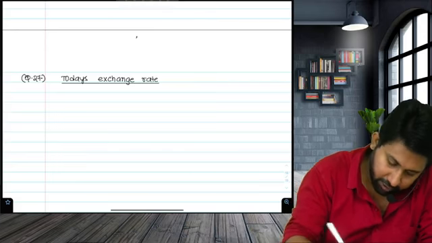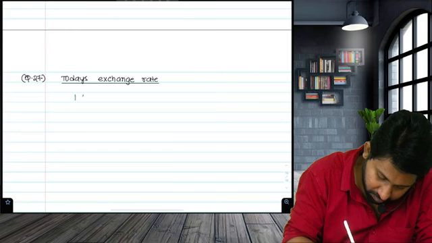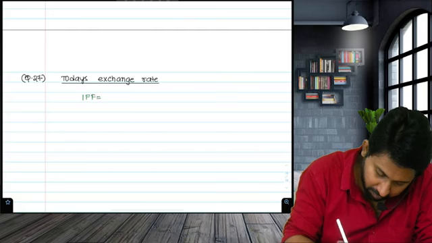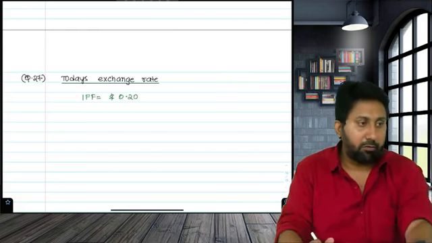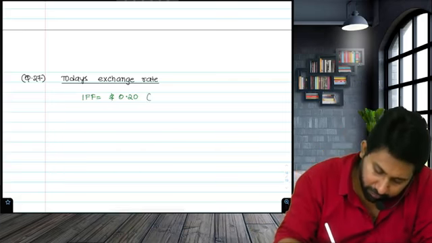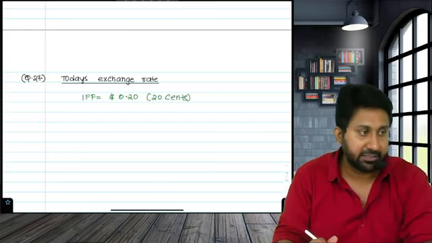Underline it. Below write down: 1 French franc equals $0.2, also called 20 cents.